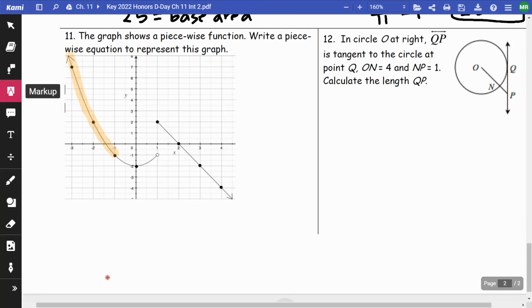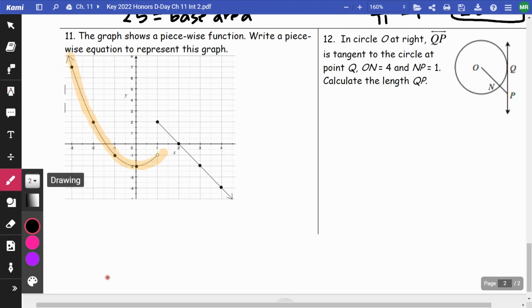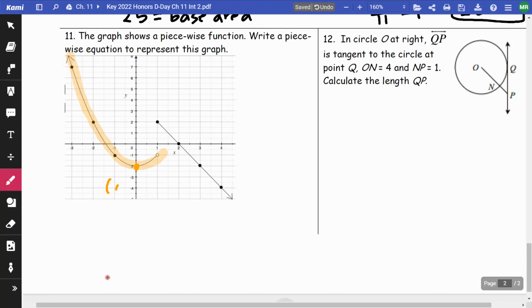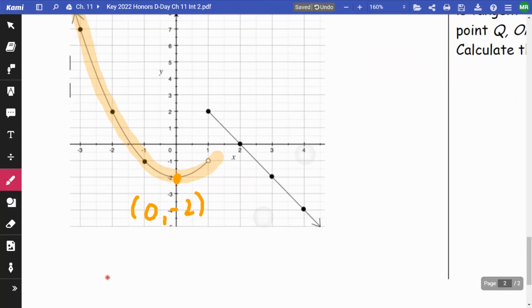So if I'm looking at this parabola, I want to pay attention to where my vertex is. Okay, my vertex is at (0, -2). And then you want to be careful with the scale of this.